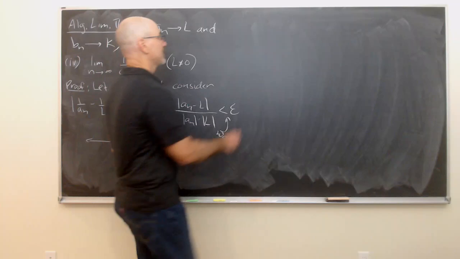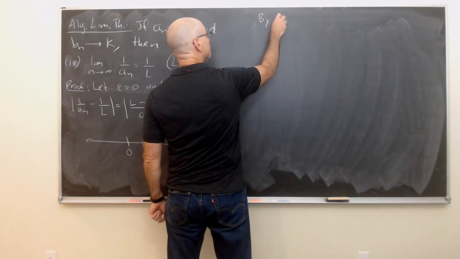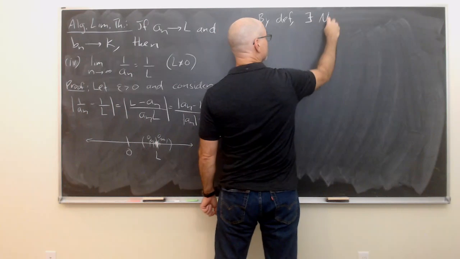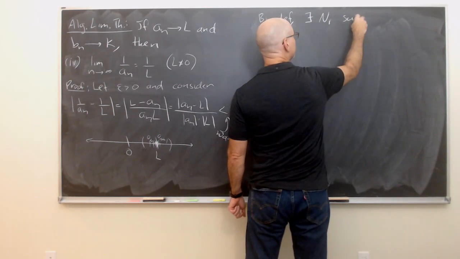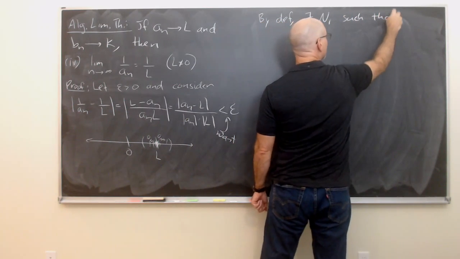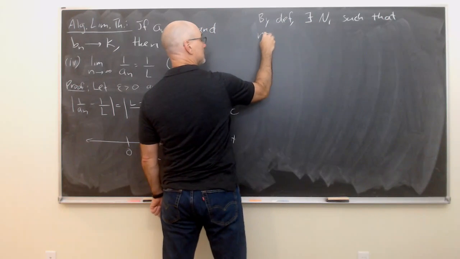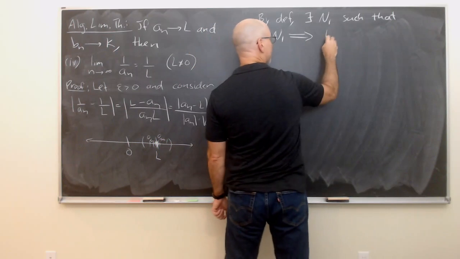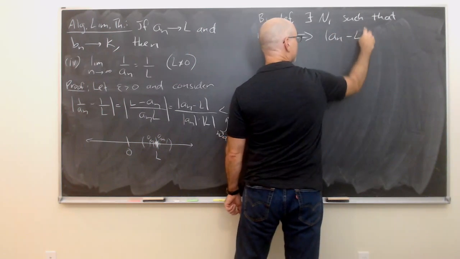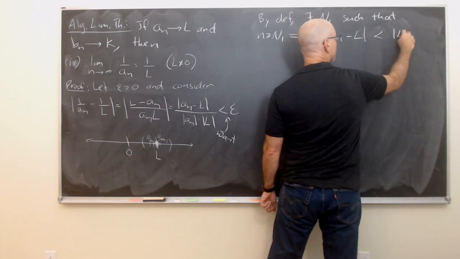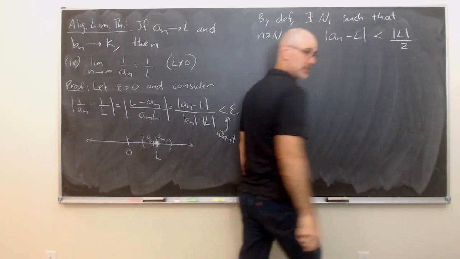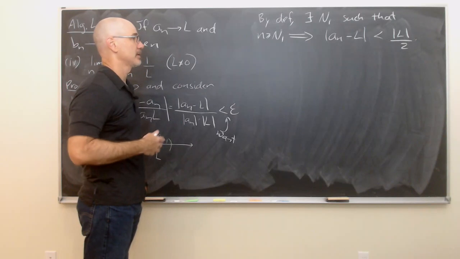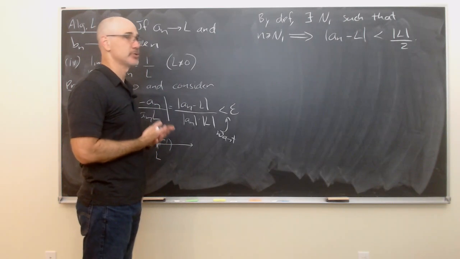So by definition, there exists some N1 such that n bigger than or equal to N1 implies that the absolute value of a sub n minus L is smaller than absolute value of L over 2. So I'm making a useful particular choice for epsilon.